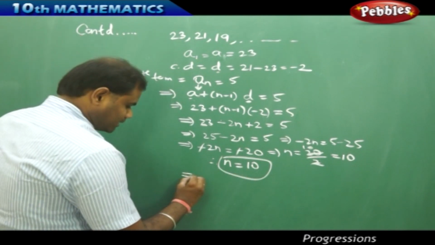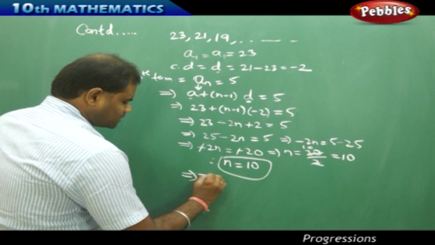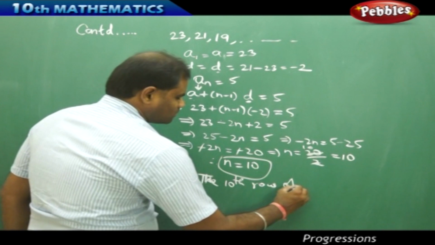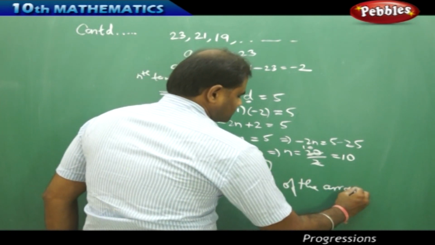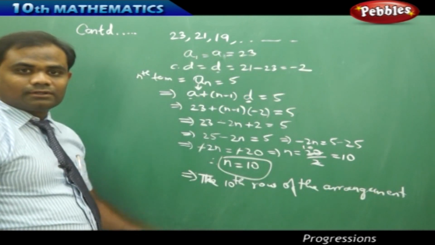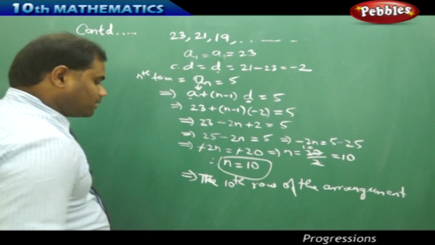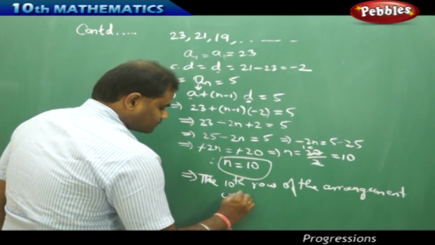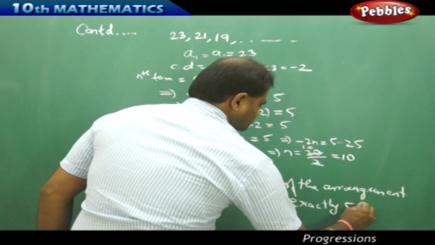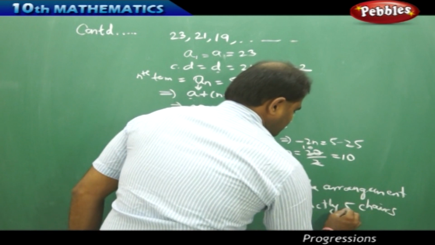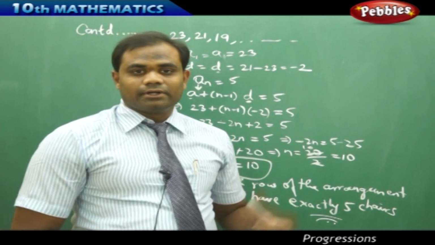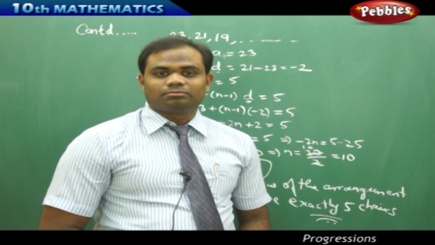Therefore, n equal to 10 implies the 10th row of the arrangement will have exactly 5 chairs. This is how I understand the real life situation connected with arithmetic progression.